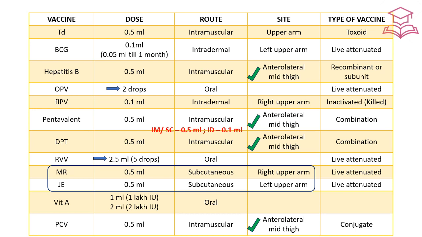MR vaccine is given in the right upper arm and JE vaccine is given in the left upper arm. Now there is intradermal vaccine such as BCG, which is given on the left upper arm, and fractional IPV, which is given on the right upper arm.